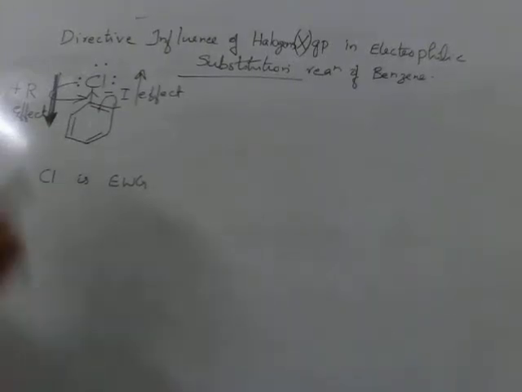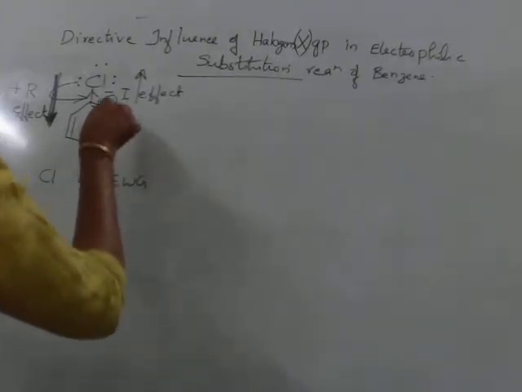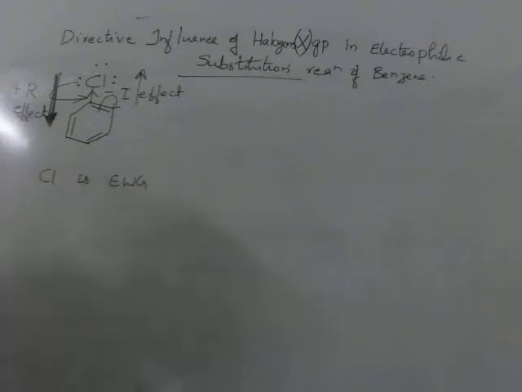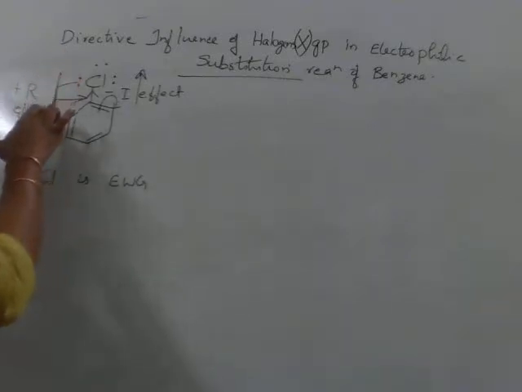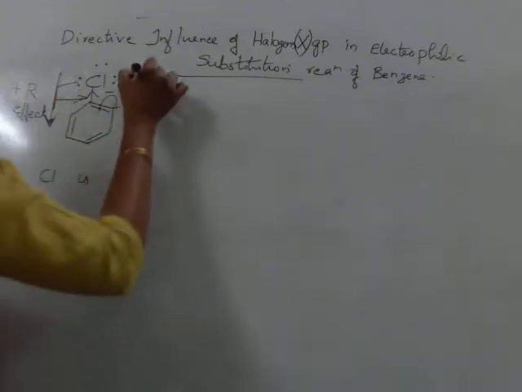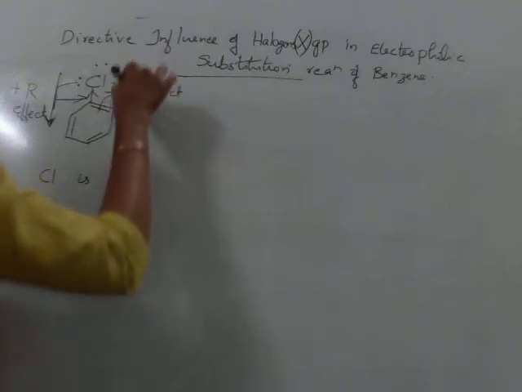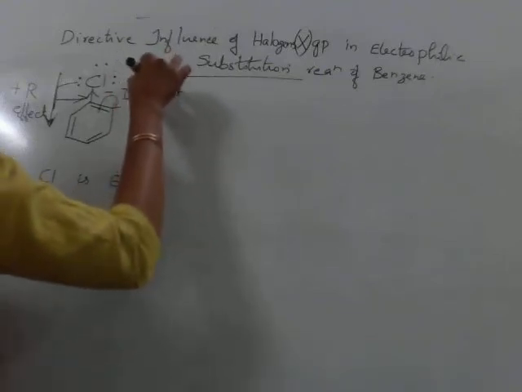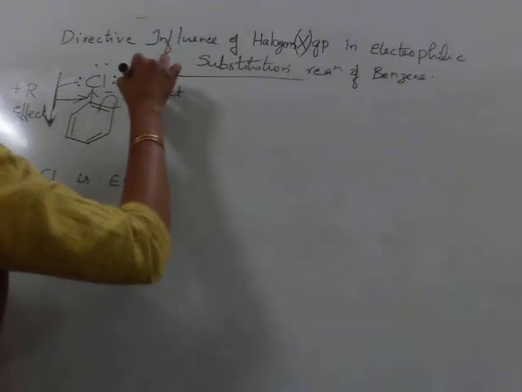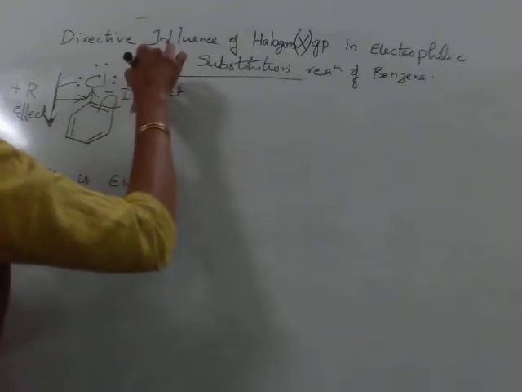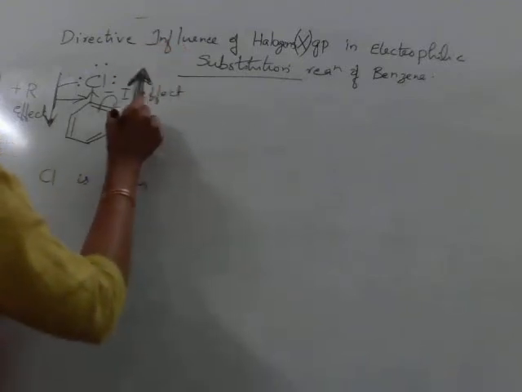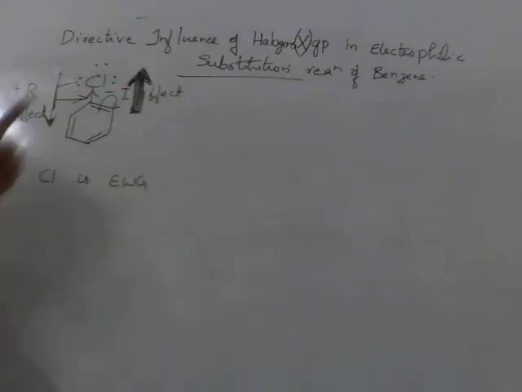Here when we compare the magnitude of negative inductive effect and positive resonance effect of chlorine, the magnitude of the inductive effect is greater, or the inductive effect is stronger in chlorobenzene. In chlorobenzene, which is stronger? Inductive effect.